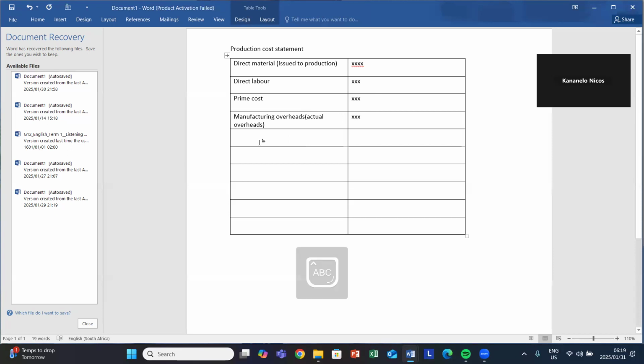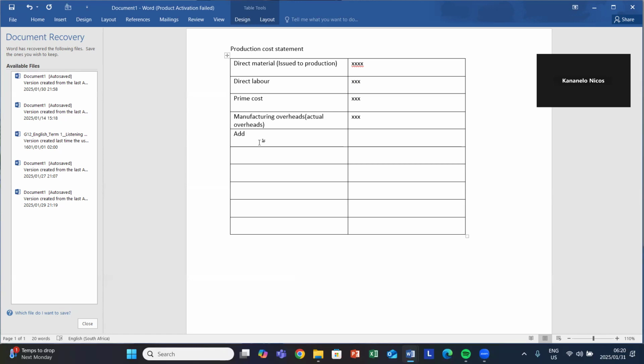Remember that at the beginning of our year, we extrapolate and apply our overheads. Obviously, the applied overheads won't always be accurate. Hence, we'll always have what you call under recovery and also over recovery.